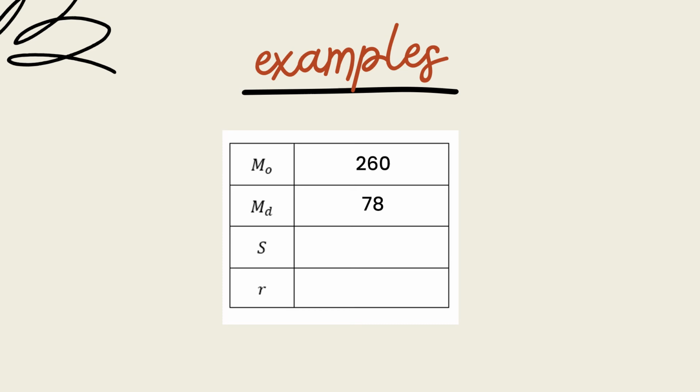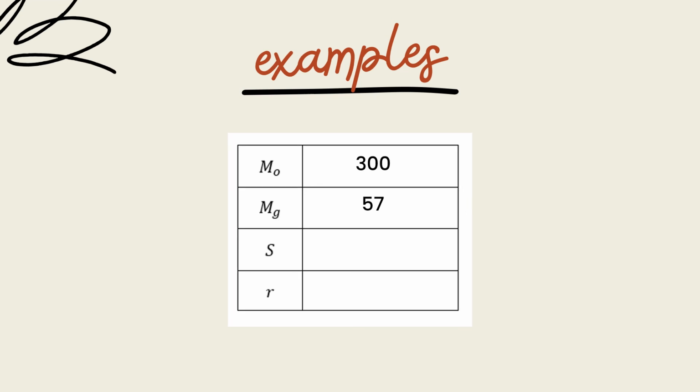Find S and R. S is equal to 182 kasi sinubtract lang natin dahil markdown tayo M sub D. So your formula for markdown, the rate is M sub D over M sub O times 100%. Find R. So R is 30%.